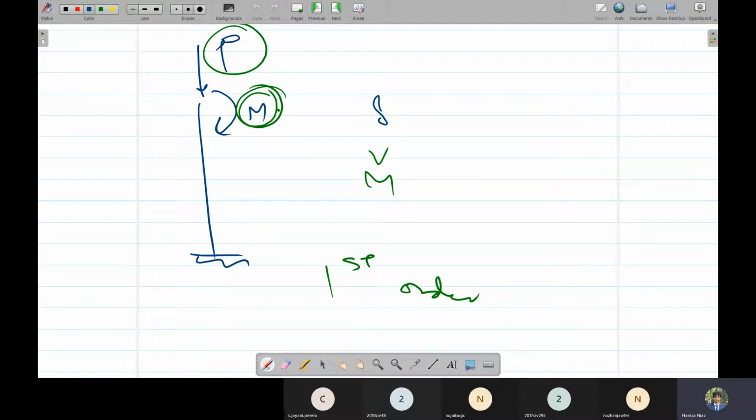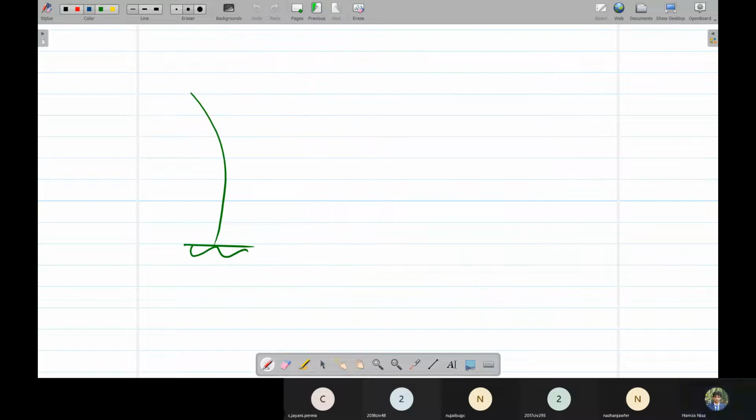In first order, we were considering the column is exactly straight, that is, there is no eccentricity and everything. But in second order, we are considering that the column has deflected. It is like when we are casting the column, that is first order, at time equal to zero, that the only load present is axial load or moments.